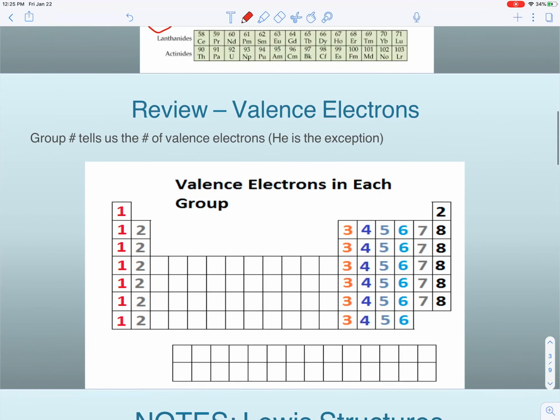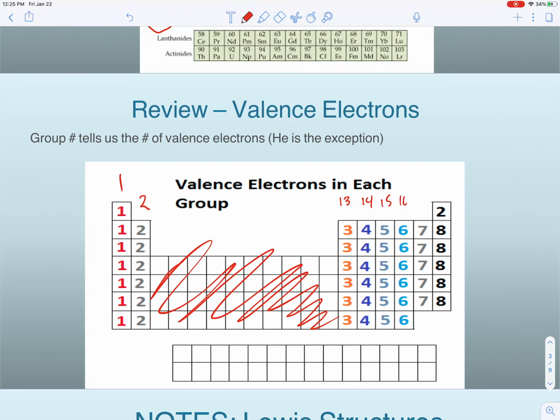Everything in group 1 has 1 valence electron. Everything in group 2 has 2 valence electrons, right? Then we skip over the transition metals. We don't really care about them too much. Group 13 has 3 valence electrons, and so on and so forth, with the noble gases having 8 valence electrons.